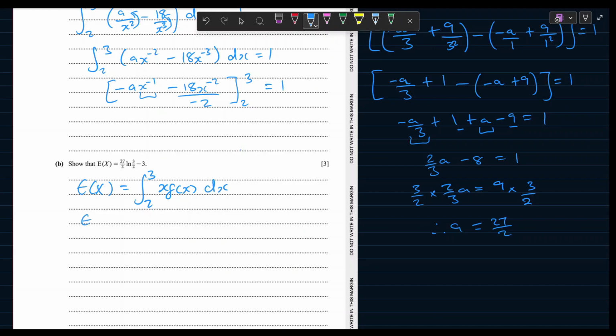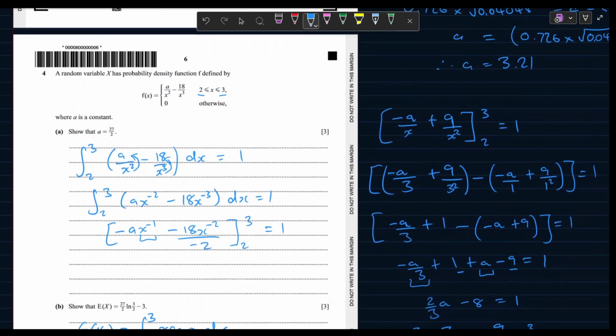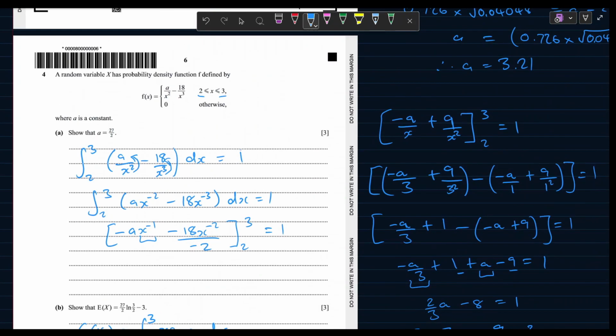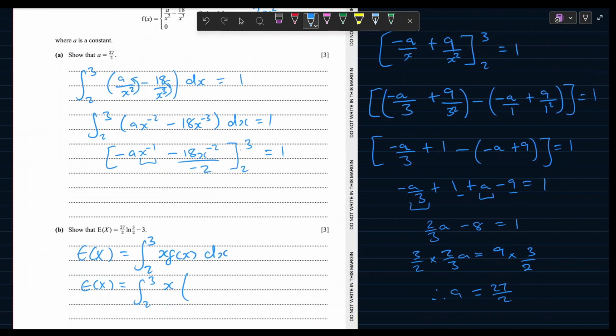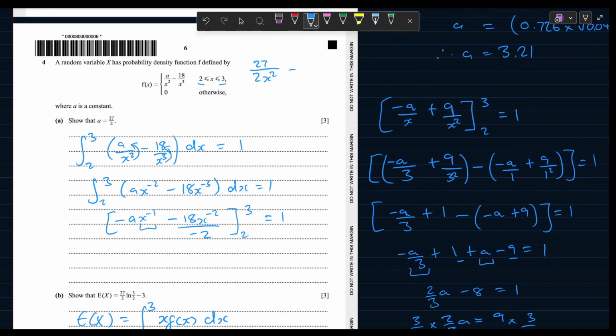All right, so that's going to be the expectation of x is equal to the integral from 2 to 3 of x multiplied by, now remember that we said a is 27 over 2, so I can write that part as 27 over 2x squared, like that, okay? And the other part is minus 18 over x cubed.